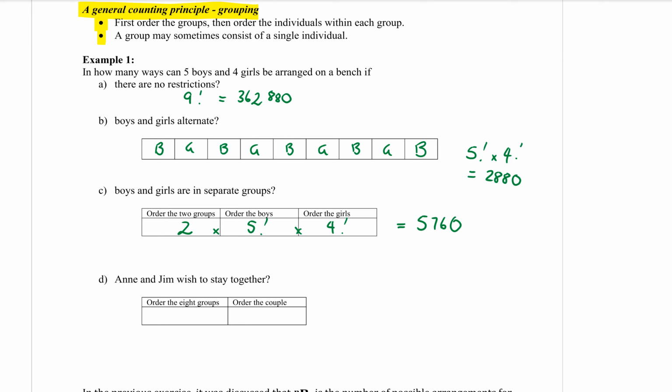It's just those 2 people that need to be together. 8 factorial, yes? So there are now 8 groups because 2 of them have become one group. But because it could be Anne and Jim or Jim and Anne sitting on that bench, we have to order that couple by timesing by 2 factorial, or 2. Timesing those together, we get 80,640.